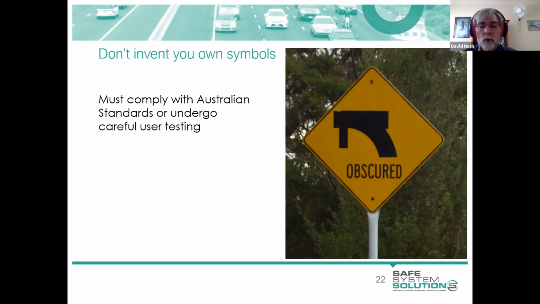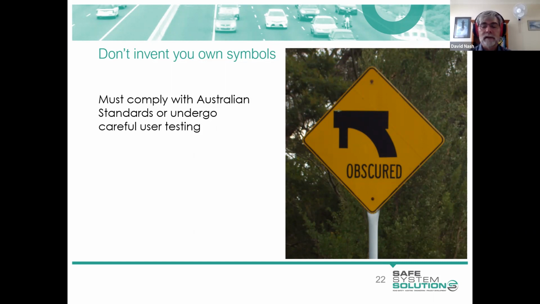So I'm always a bit torn by this because consistency is good, standardization is good, the guidelines do the best they possibly can, but they're not always going to cover every situation. So there are always going to be places and cases where a different sign is the better solution. But it just needs to be done very carefully and with thorough testing, that people, particularly if it's a symbolic sign, actually understand what the symbol means.